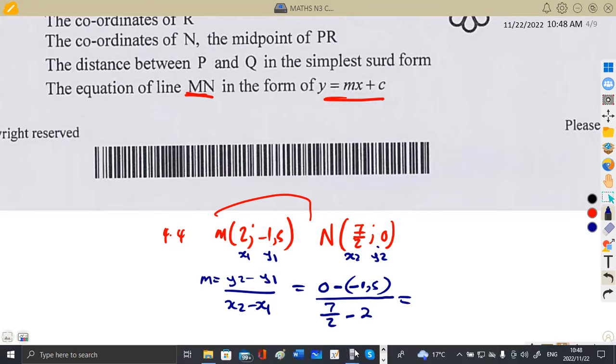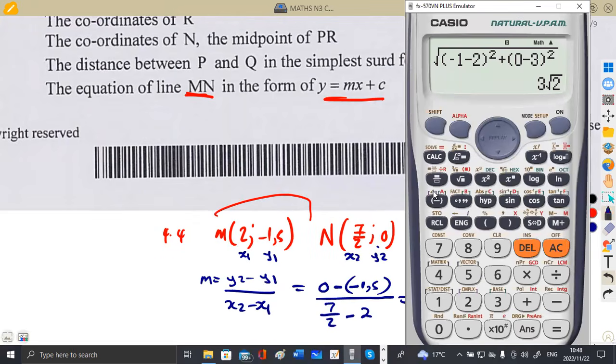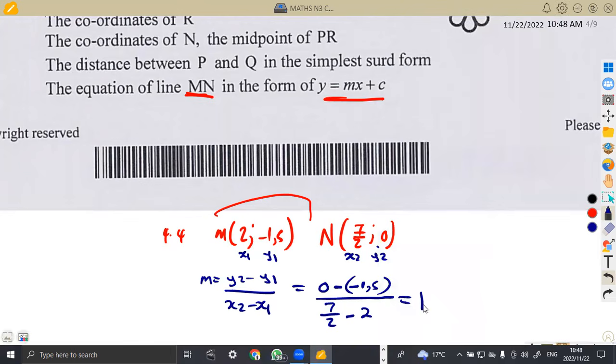So do not worry, your calculator can simplify all these for you. So you've got 0 minus 1.5, everything over 7/2 minus 2. So the calculator can do everything. That's a 1. So the gradient in this case was a 1.